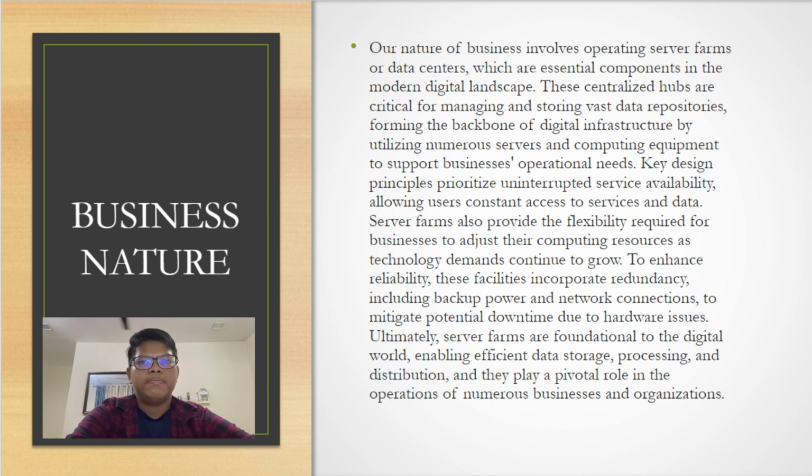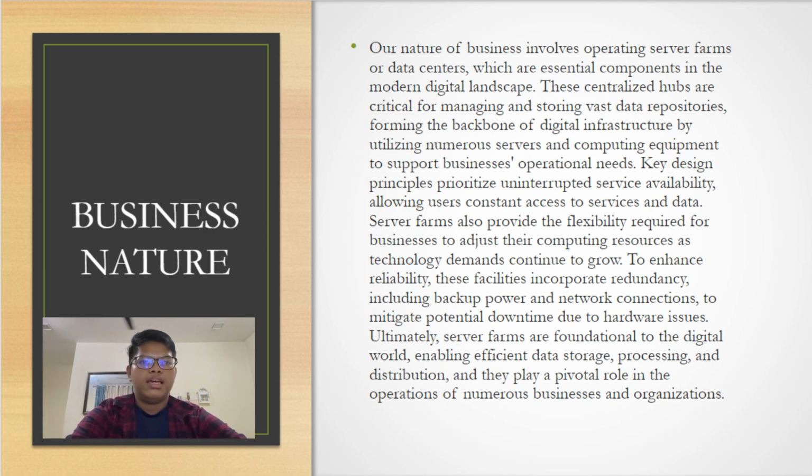Key design principles prioritize uninterrupted service availability, allowing users constant access to services and data. Server farms also provide the flexibility required for businesses to adjust their computing resources as technology demands continue to grow.